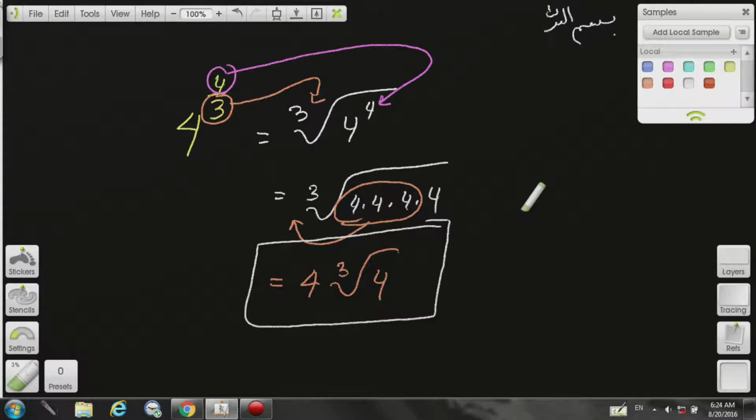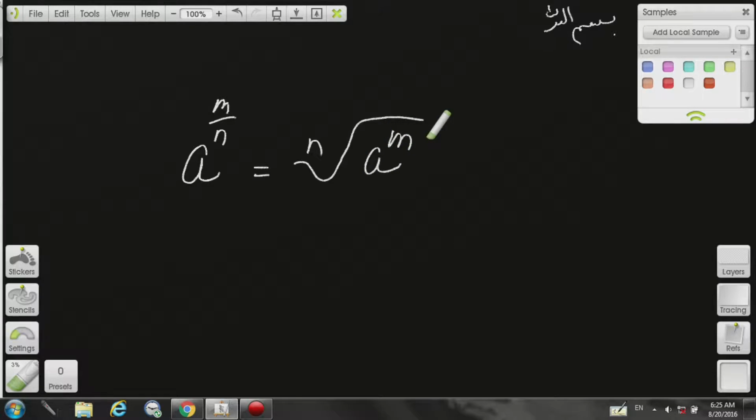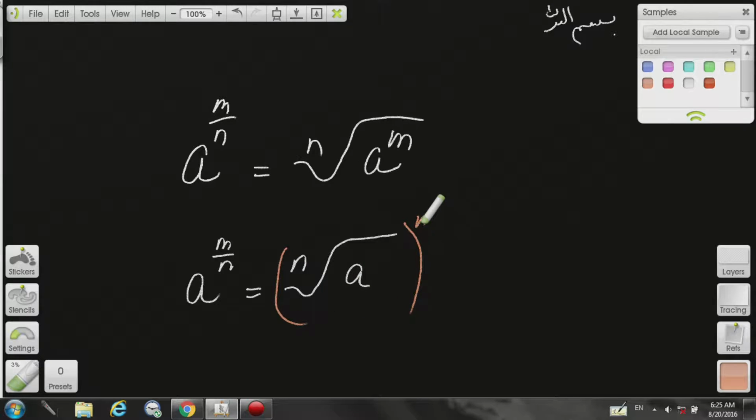Okay? The first thing that we need to know is when you have a fraction as an exponent like this, it can be rewritten as the nth root of a to the m. Now, there's one thing that's interesting and helpful, because you have to understand that a to the m over n can be written as this, as I have done. It can also be written as the nth root of a, to the power m.